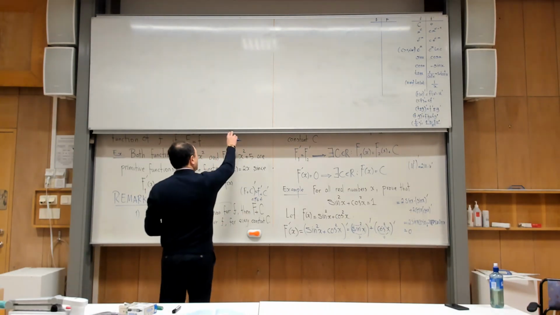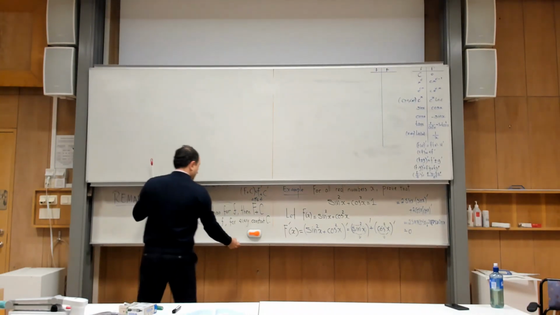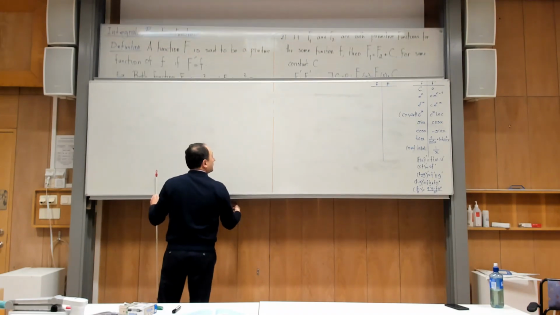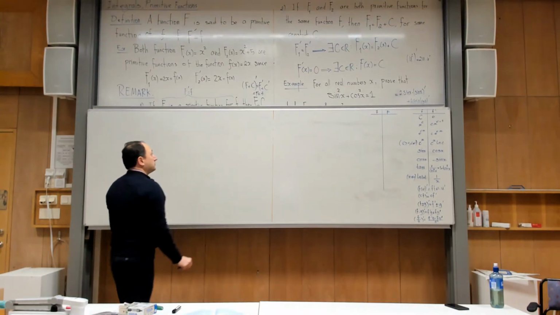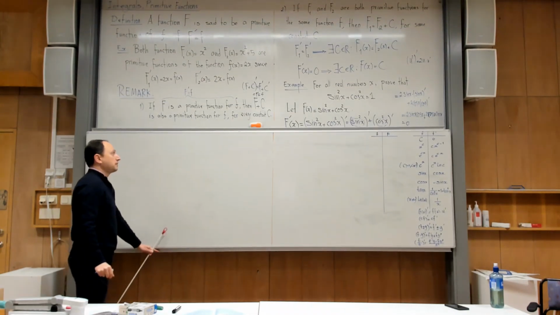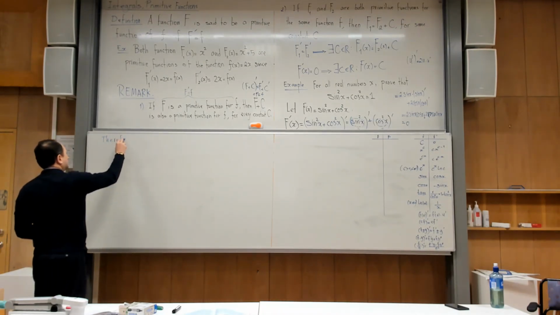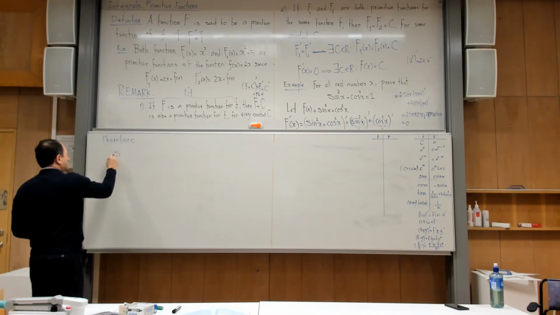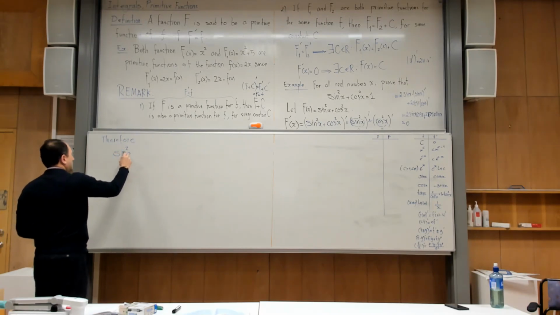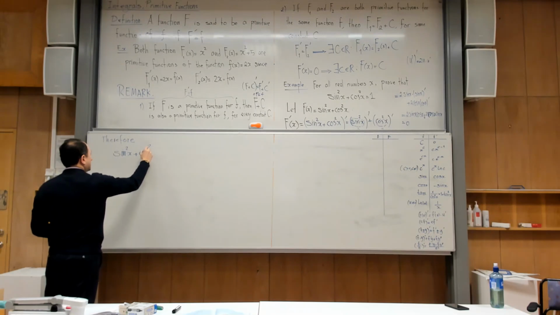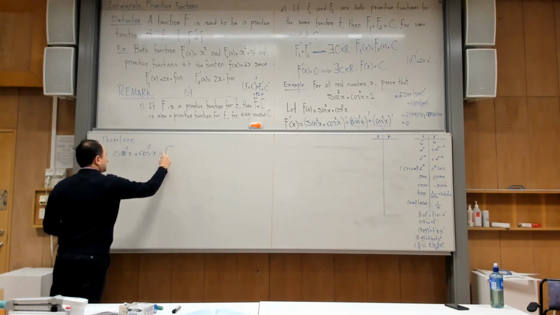So what does it mean? Therefore, what we have is this. Therefore, sine squared x plus cosine squared x is a constant.